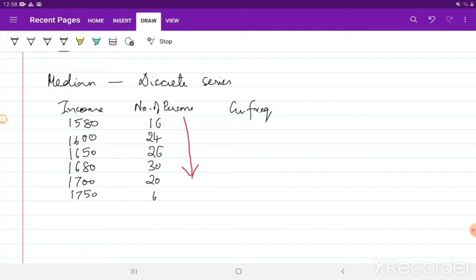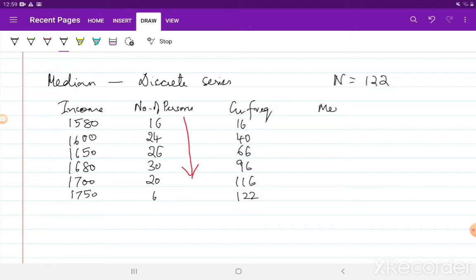So that means 16 people have incomes 1580, and the next one will be 16 plus 24, which is 40, 66, 96, 116, and 122. Now once you have found the cumulative frequency table, you know that your capital N, or the total number of observations, is 122.